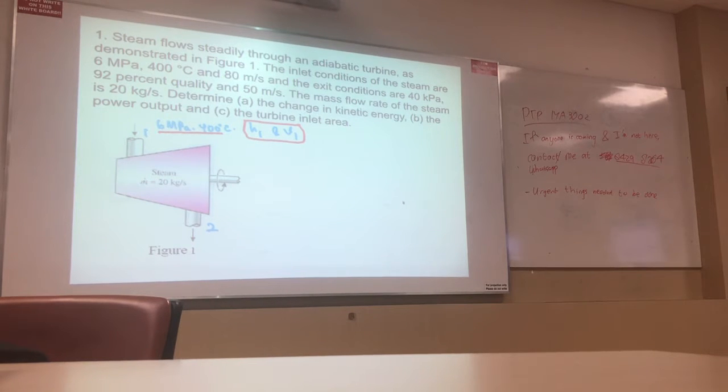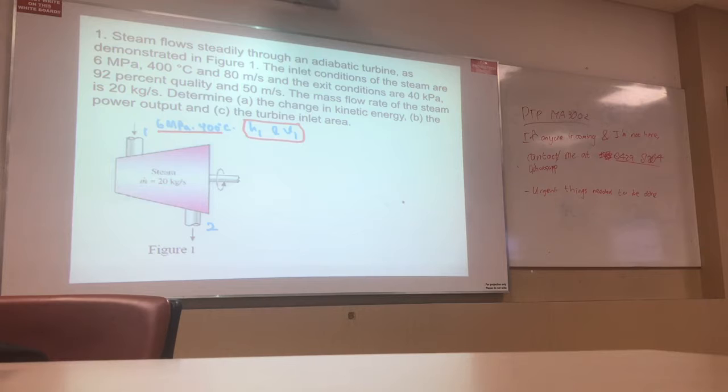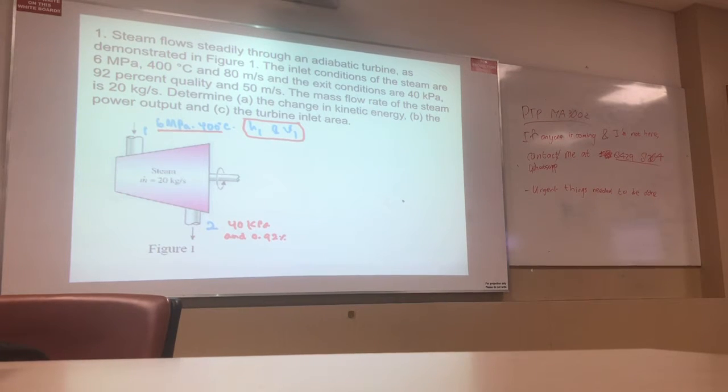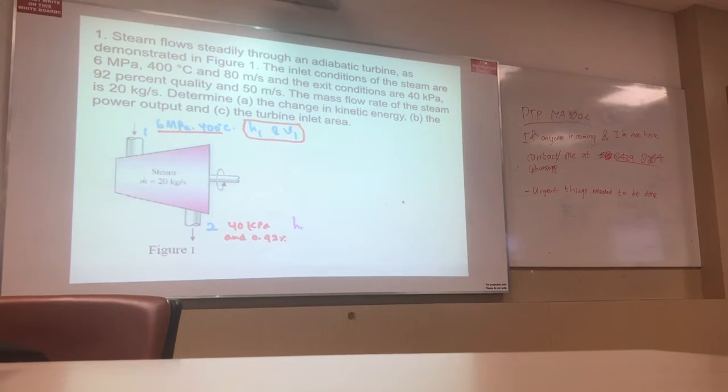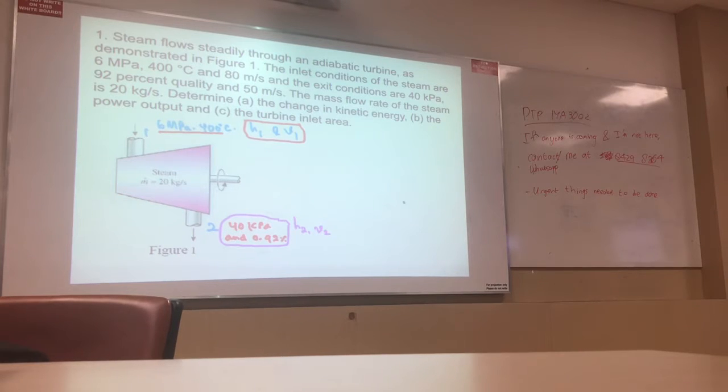Alright. Now, state 2. State 2 is 40 kilopascal and 0.92 quality. Then I can easily calculate h2, v2, no problem. Okay, and the mass flow rate is given, m dot is 20 kilogram per second.